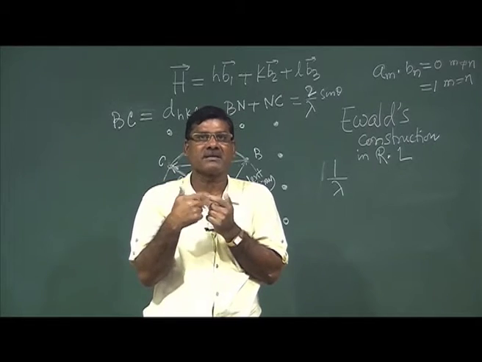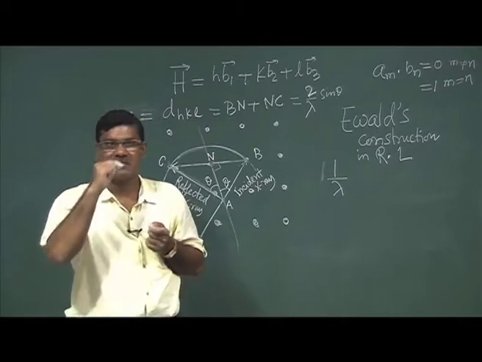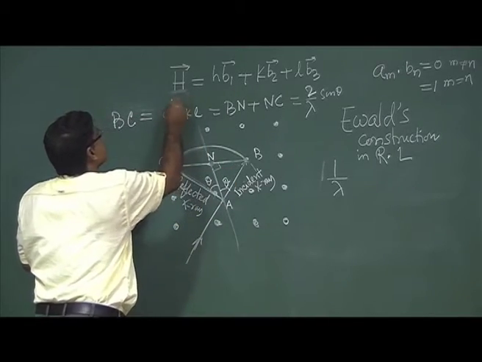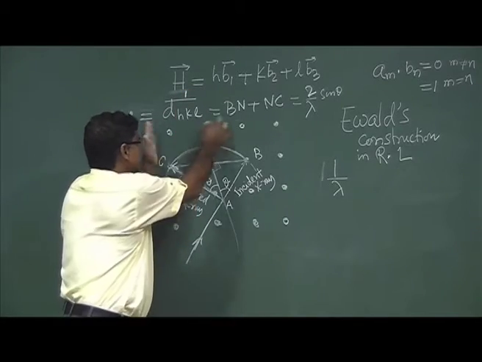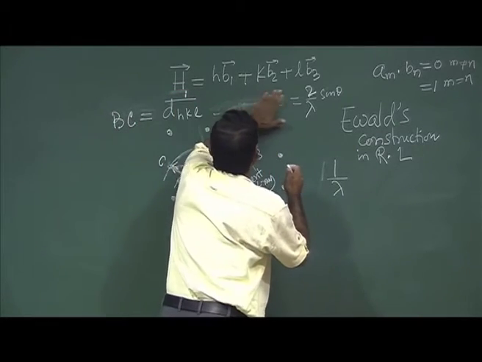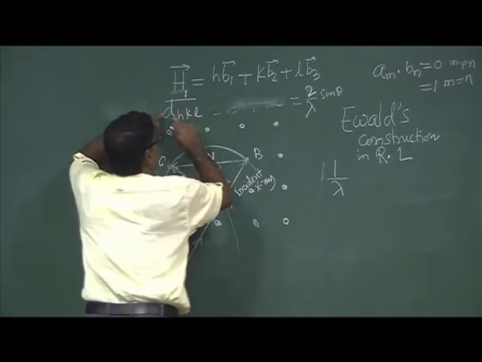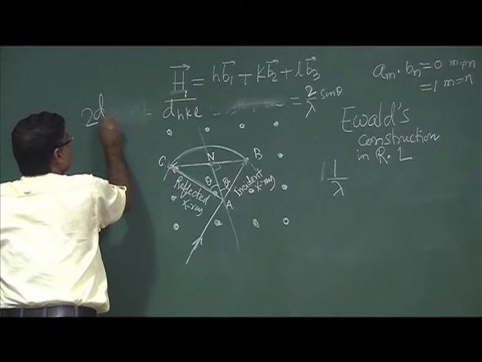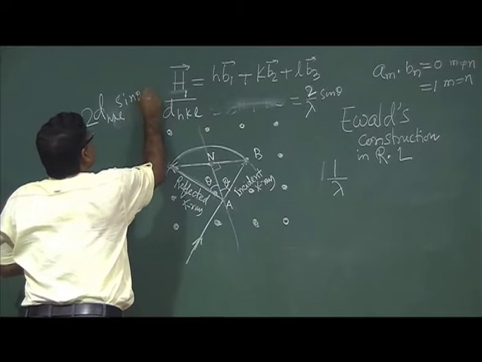The magnitude of the reciprocal vector is the inverse of the planar distance, so that will be 1 by d HKL, since it is in reciprocal distance. So 1 by this, and basically this is giving 2d sin theta equal to lambda. It will give 2 d HKL sin theta equal to lambda.